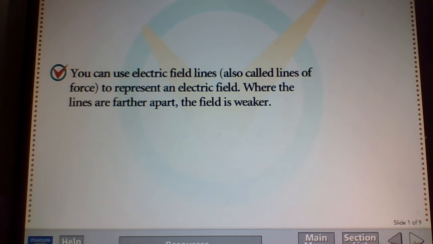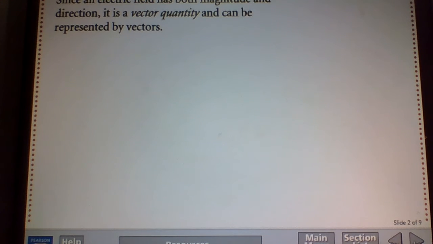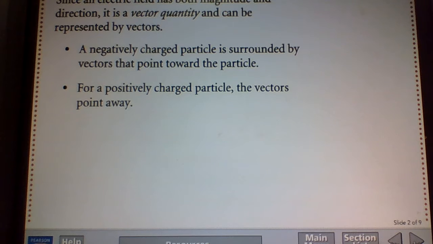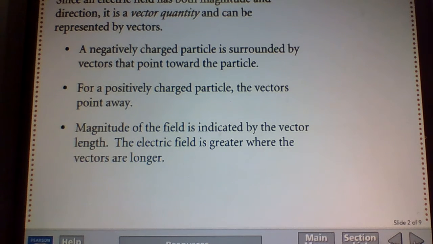That would tell you if it's strong or weak. Now, since in an electric field we have both magnitude and direction to think about, it's a vector quantity, and we can represent it with vectors. Negatively charged particles are surrounded by vectors that point toward the particle. Positively charged particle vectors would point away, again, because we're testing that positive test charge.